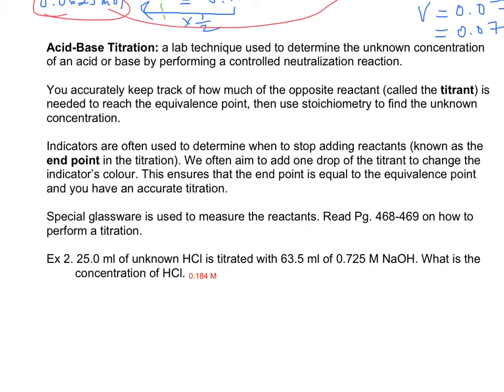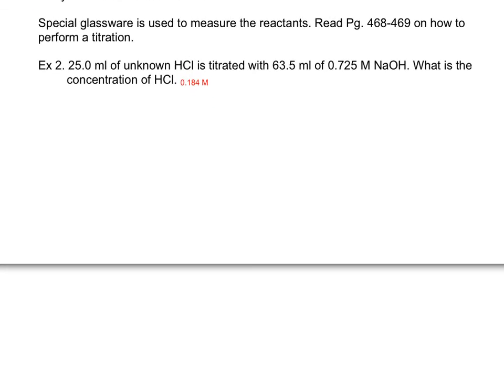Example 2 shows the calculation process after the titration data has been gathered. It's a regular stoich question. Start by writing a balanced chemical equation. Here we're reacting hydrochloric acid with an unknown concentration with sodium hydroxide. We're going to do a double displacement neutralization reaction.